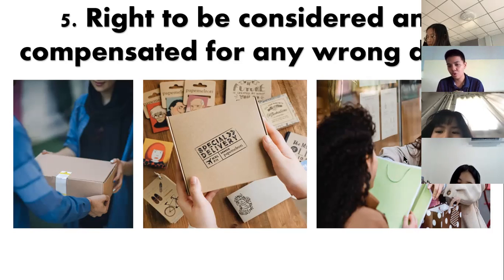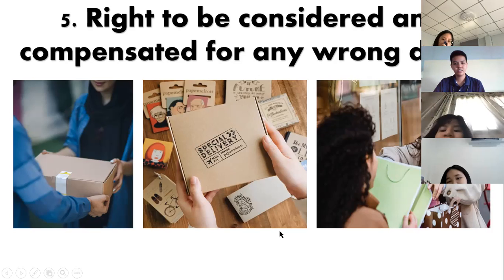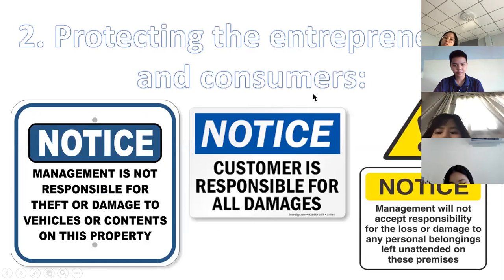For example, it's broken or it's a wrong item. You cannot say, I don't like this product, I need to return this. You can't do that because you already chose that. But if your product is wrong or damaged or broken, that's the time that you can return it and be considered for compensation. Understand? Okay, let's go to the next one.